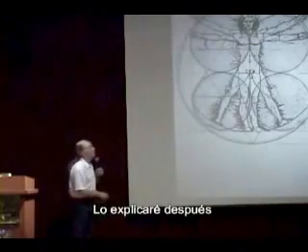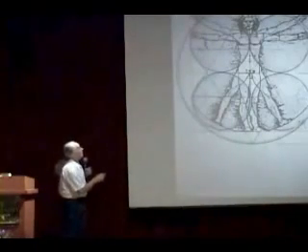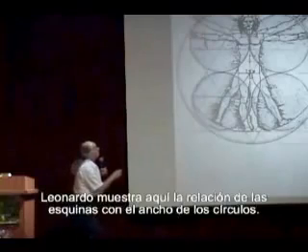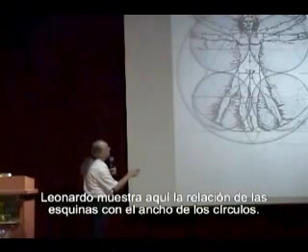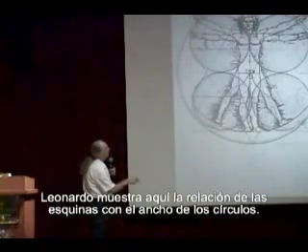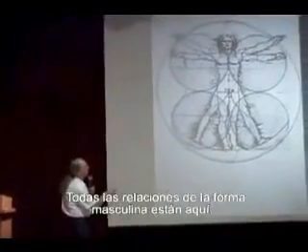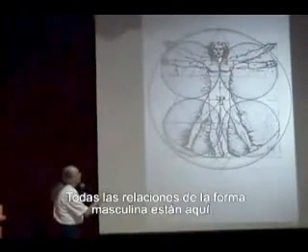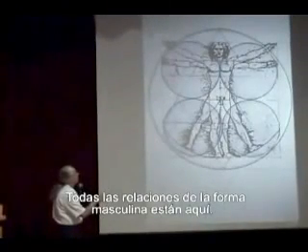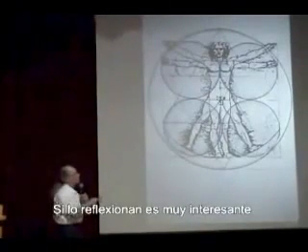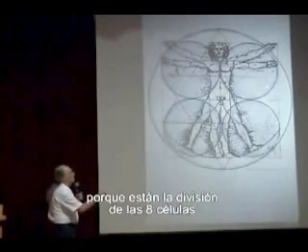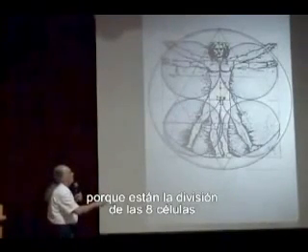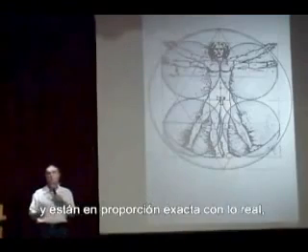And so here Leonardo is actually showing how this relationship of the corners, the width of the circles, and all the relationship of this male form that's in here. But if you think about this for a moment, it's because here is the 8 cell division, and it is in the exact proportions of the real thing.